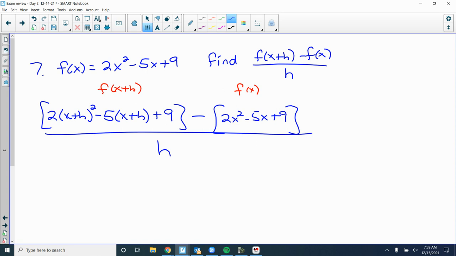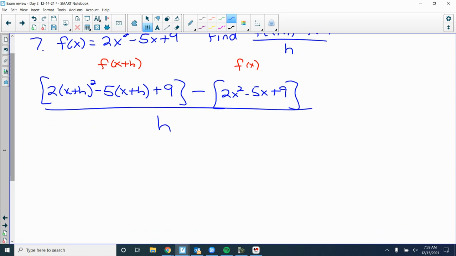Now it's a case of just, this is the pre-calc part, substituting in. Now it's an algebra problem, simplifying, making sure we go through the proper steps. You're going to have to do x plus h squared. We've done that a good bit. I'm going to do it again over here. When you FOIL that, you get x squared plus xh plus xh plus h squared.